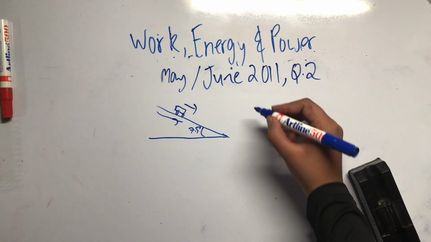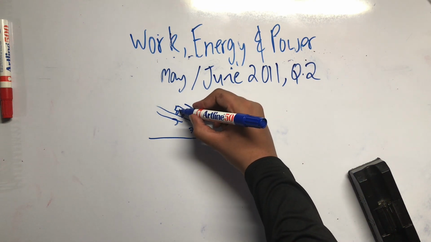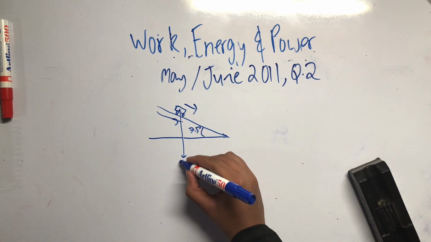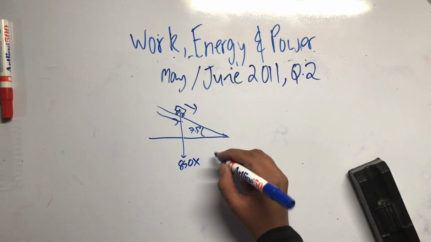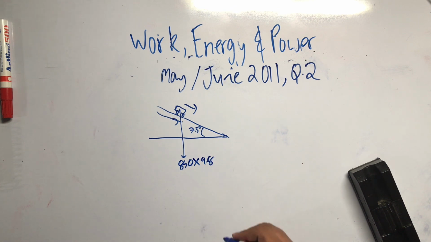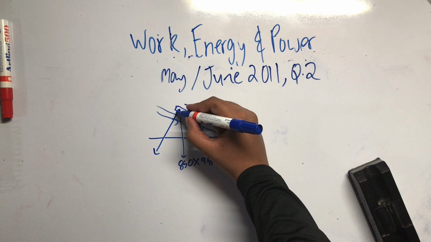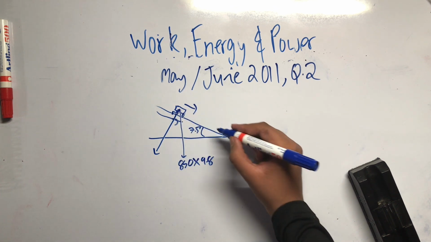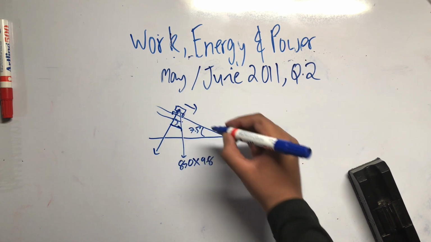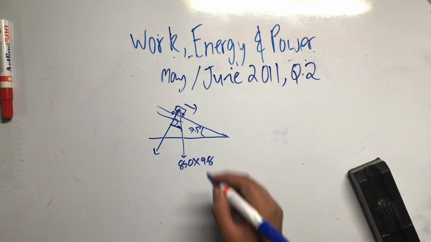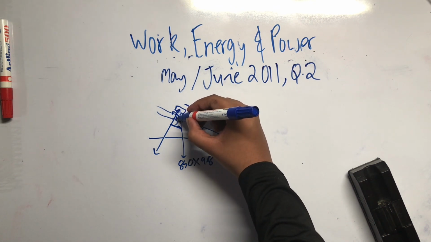So resolving this vector, the weight is equal to 850 times 9.8. Resolving this vector into its two components, the first is perpendicular to the inclined plane and the second is along the direction of the plane, with the angle 7.5 degrees.